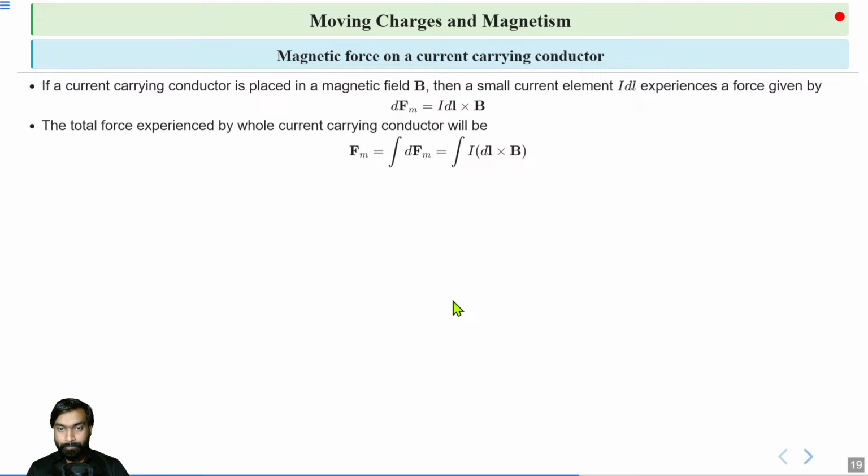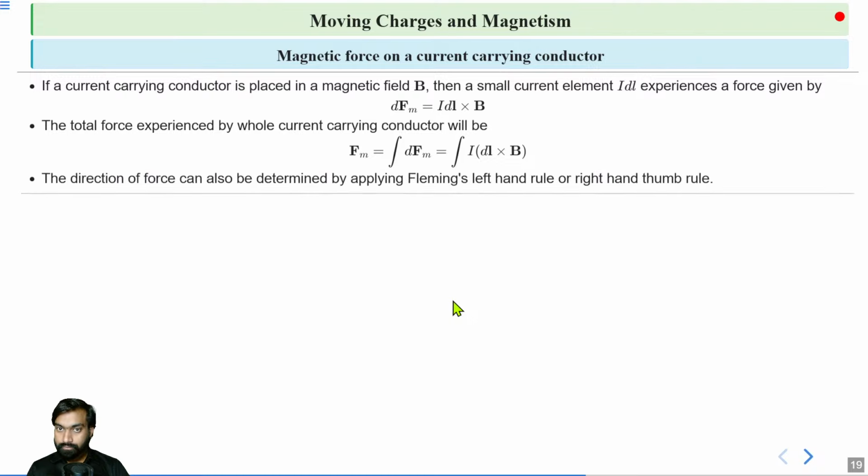So the formula: Fm equal to integration dFm, which is equal to integration I dl cross B. This integral accounts for the shape and the length of the conductor inside the magnetic field. And if we talk about the direction of the force, the direction of the magnetic force Fm can be determined using Fleming's left hand rule.